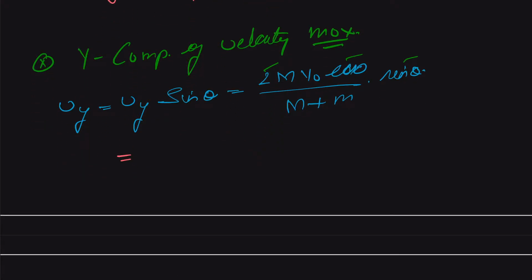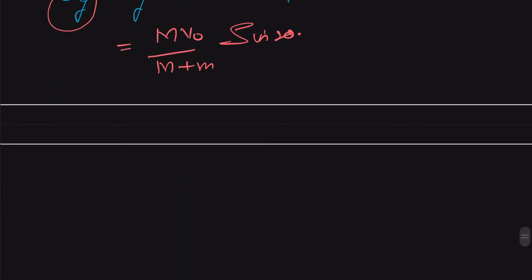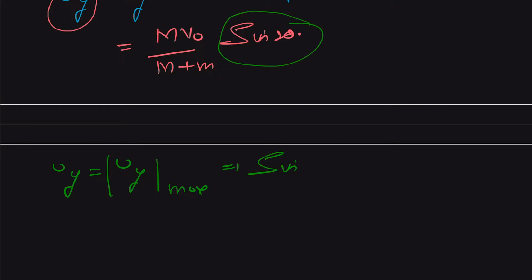So this gives us m v naught over M plus small m and sine of 2 theta, and we want this vertical component to be maximum. So it means that our V_y should be equal to V_y maximum, and this is only possible if sine of 2 theta is equal to 1.